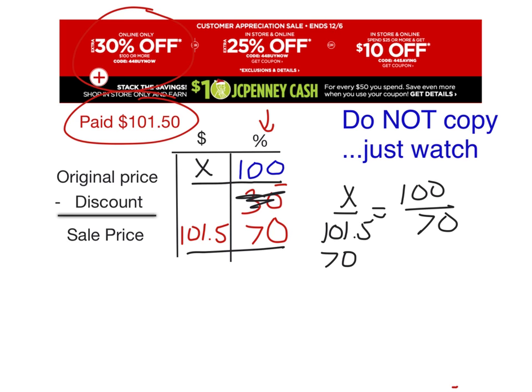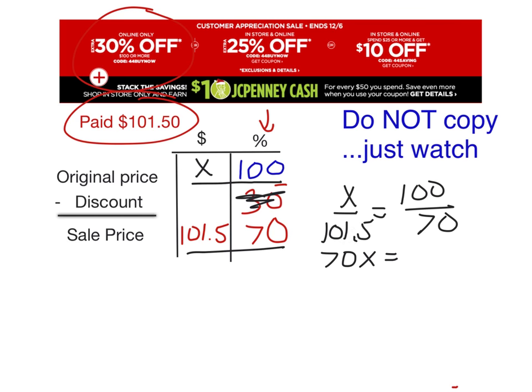I got 70x equals, now this times 100 just means, that's times 10, that's 100. So I get 101.5, and I must add that 0 in there. Now I divide by 70, simplify it, and now all I'm doing is dividing those.